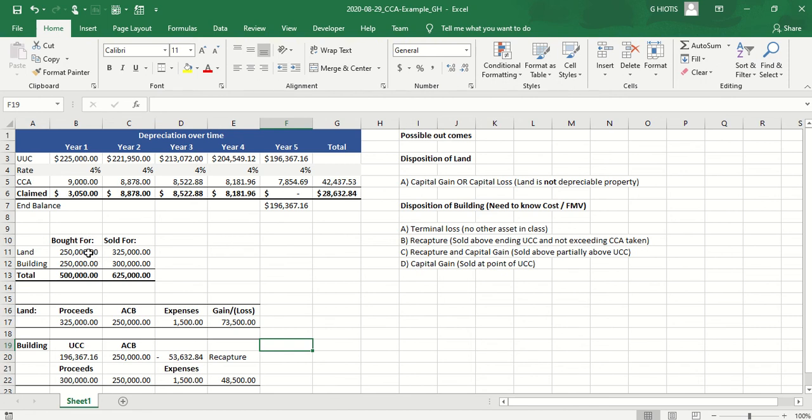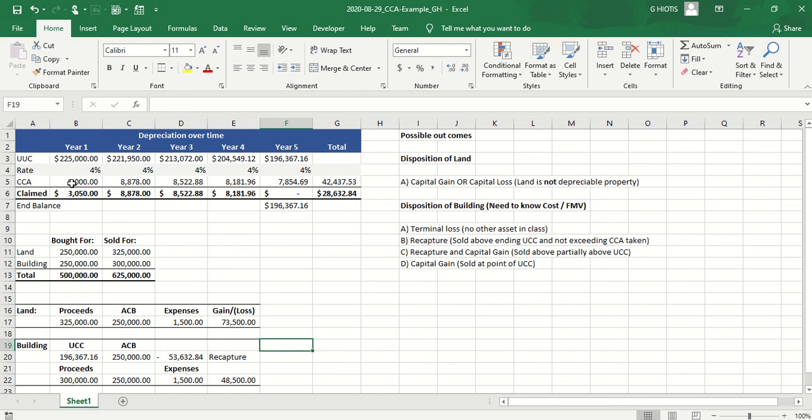You could have started with a higher amount than the ACB if you had to spend certain capital expenses to get your building ready for use. In this case, we didn't. That's great.